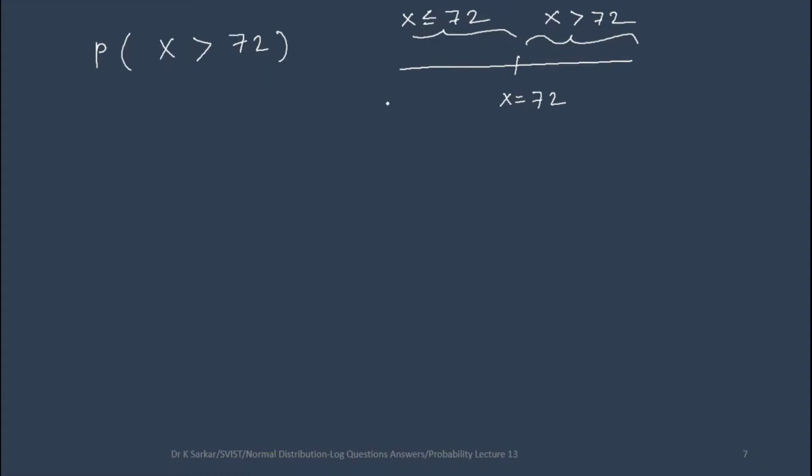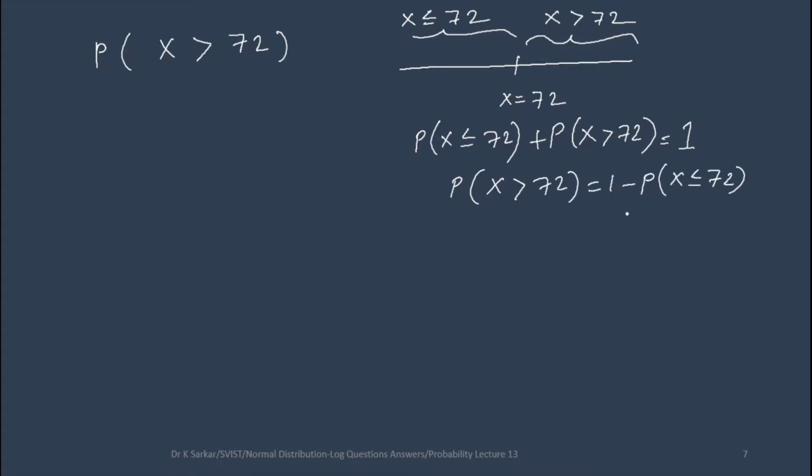So the whole part is 1. Probability of x less than or equal to 72 plus probability of x greater than 72 is 1. Therefore, probability of x greater than 72 is 1 minus probability of x less than or equal to 72.